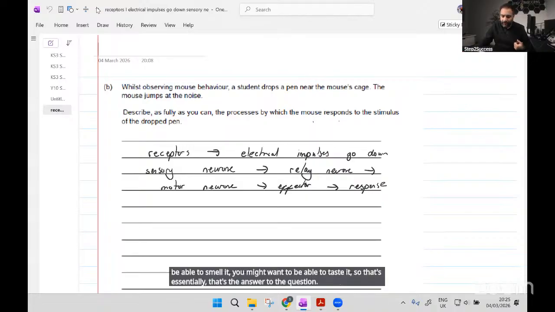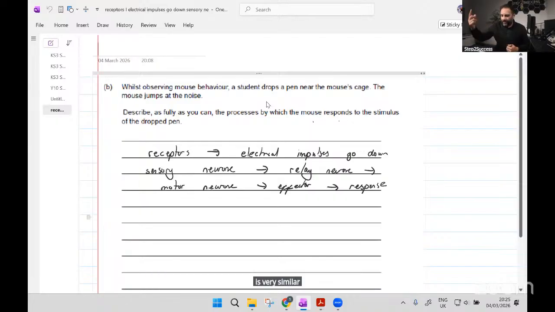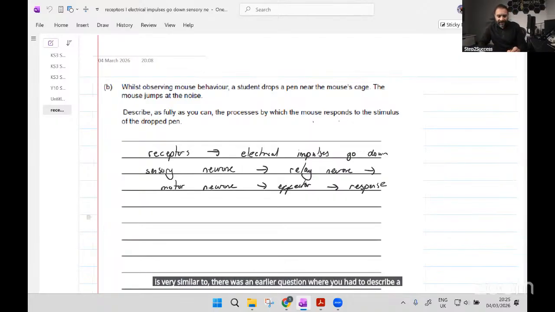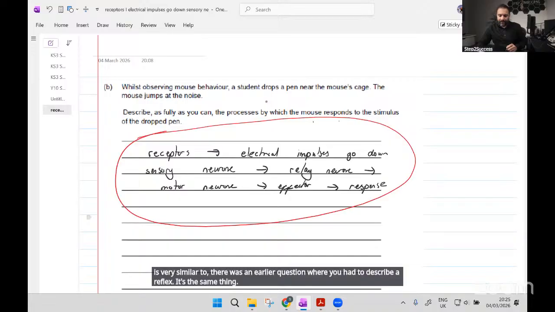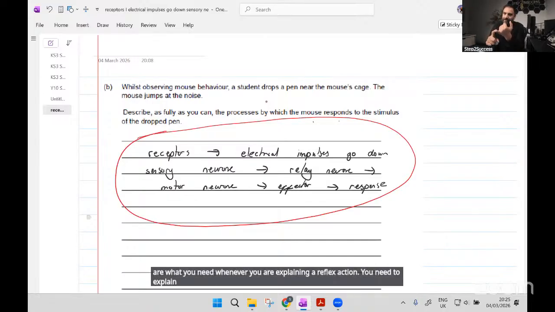And then part B of number seven is this one here. This is very similar to an earlier question where you had to describe a reflex. It's the same thing. These key words are what you need whenever you are explaining a reflex action. You need to explain that there's receptors in your skin. You need to explain that they send electrical impulses. You want to say that's how we send information in our nervous system.